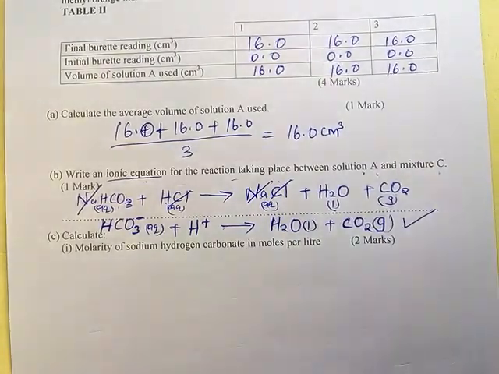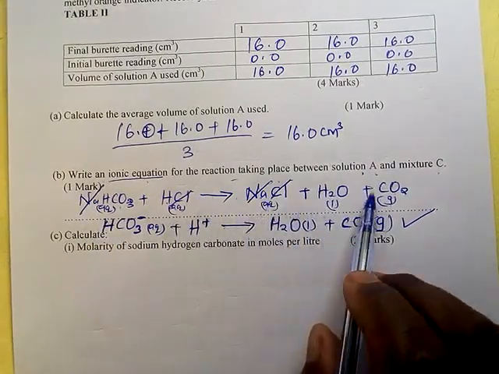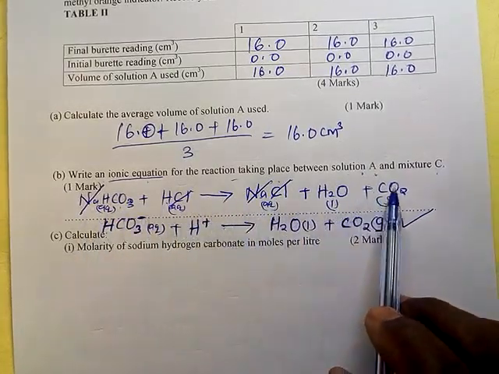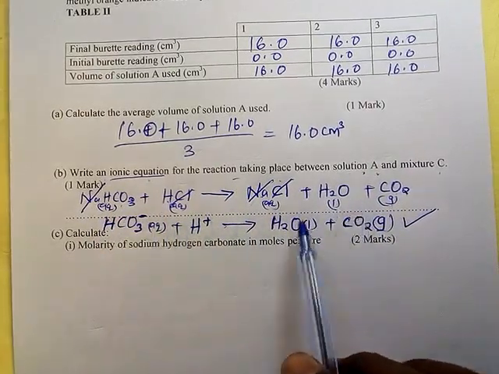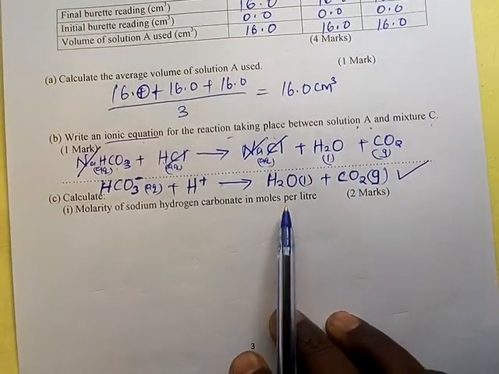And this is the expected ionic equation. This one is just to guide you. Writing like this in an exam is not a crime. You will do that and then write the correct answer down there.